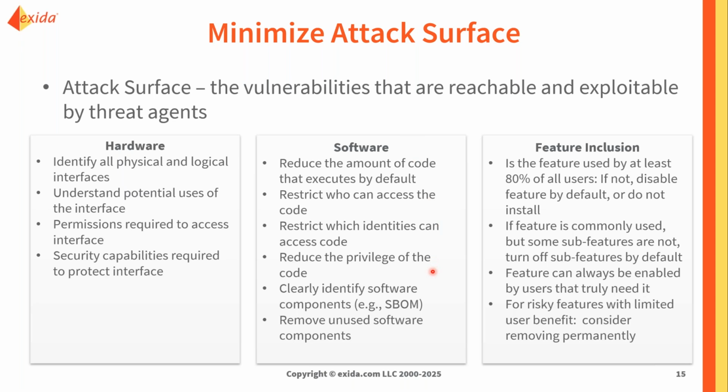Reducing the privilege at which the code runs, so it would have less of an impact if it's corrupted. Clearly identifying all of our software components. So just like we have to understand what our interfaces are to secure them, if we don't understand what's running as part of our software, we're not going to be able to accurately harden it or remove the aspects that we don't need.